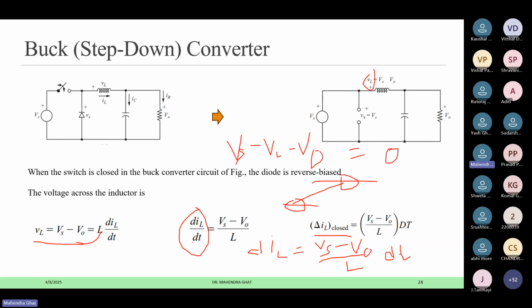I have taken dt on this side, so you will get delta IL is equal to Vs minus Vo by L into dt.